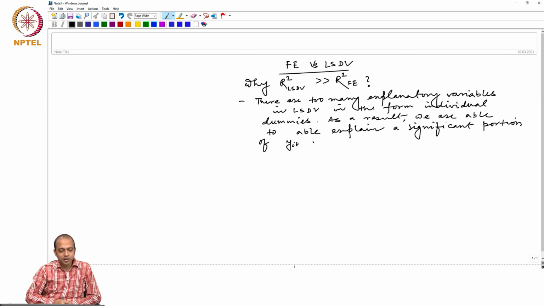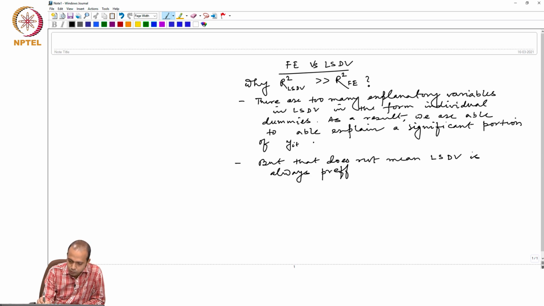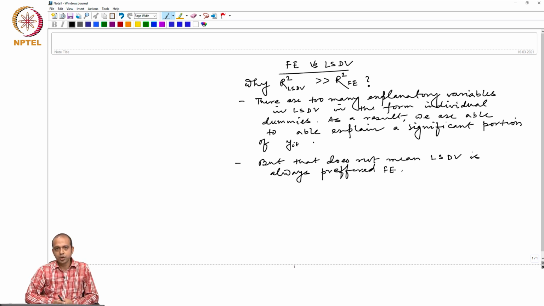But that does not mean LSDV is always preferred to FE, because if you include too many explanatory variables, obviously you will be able to explain a larger variation in the dependent variable, but based on the R square we will never select between FE and LSDV.